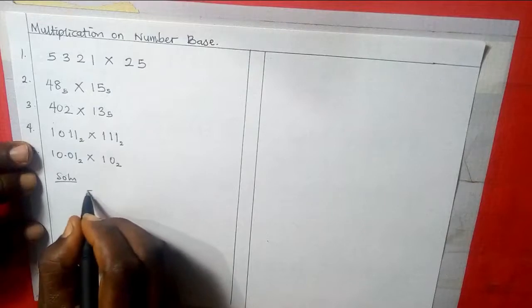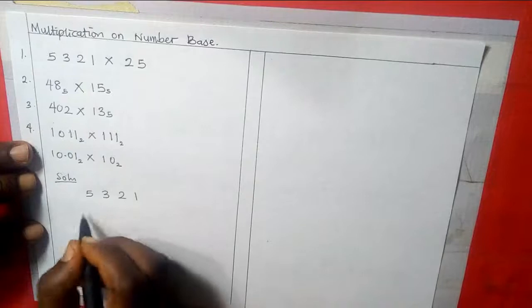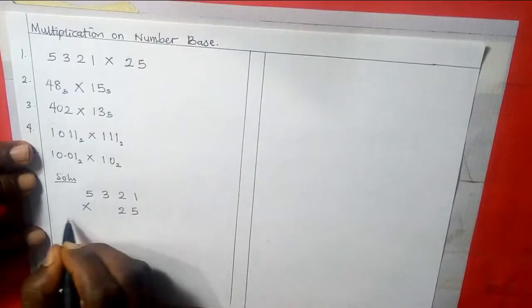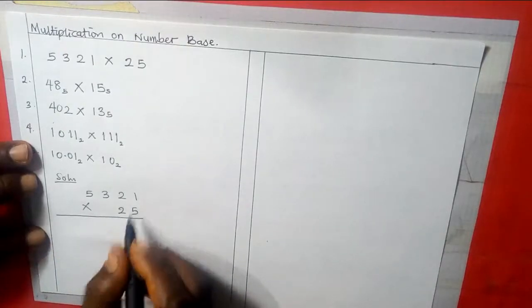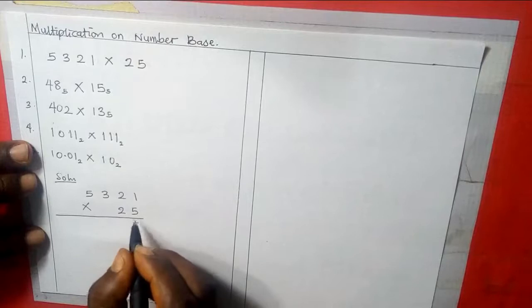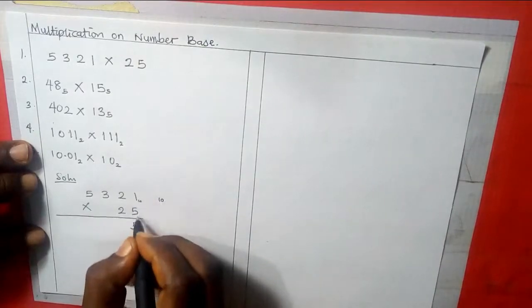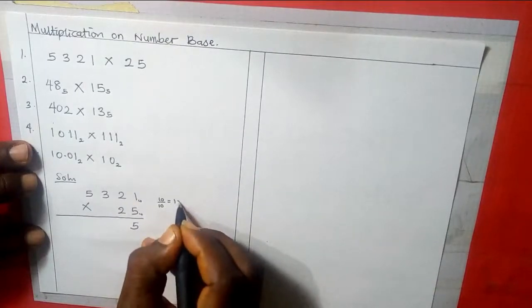When you have 5,321 multiplied by 25, how do we multiply it? Very simple. We say 5 times 1, 5; 5 times 2, 10. Since we are working with base 10, you divide by 10, which gives you 1 remainder 0.